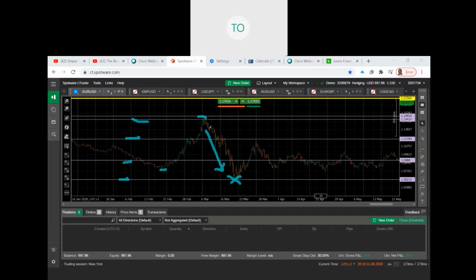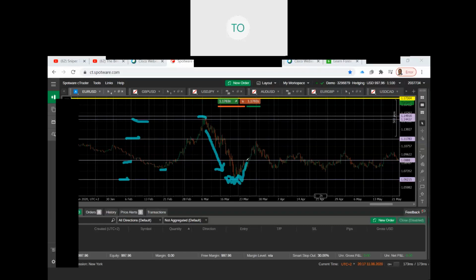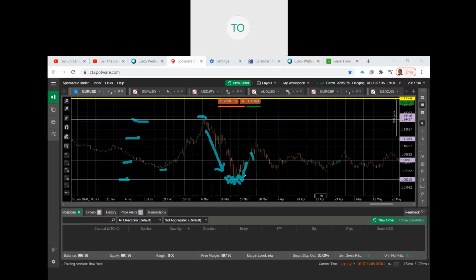So if the market comes down here, when it touches that point, three things can happen. You can consolidate and go back. That's one. Or it can consolidate and continue going on this way. That's two. Or it can go down. That's three. Three things could happen.